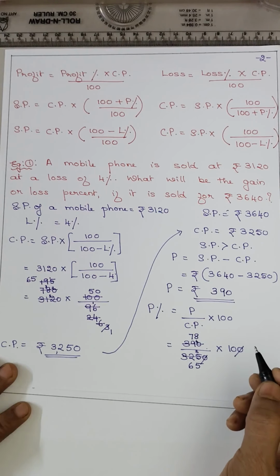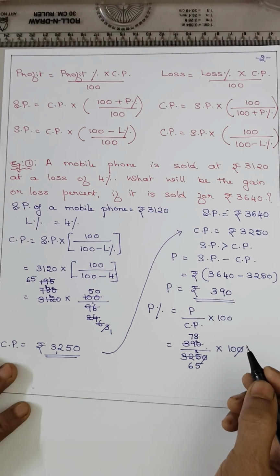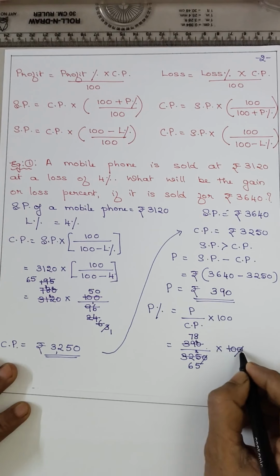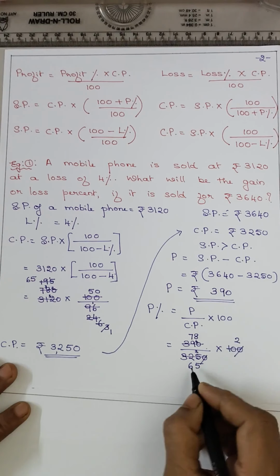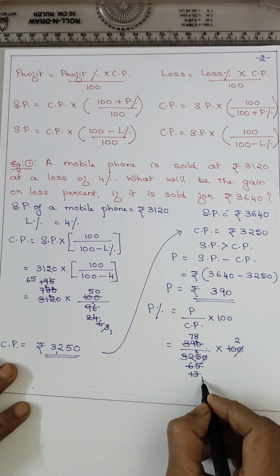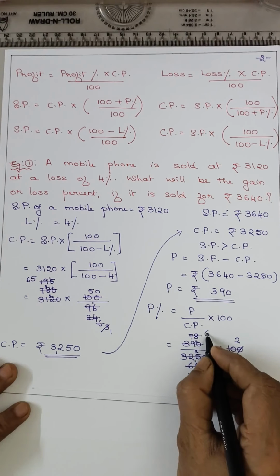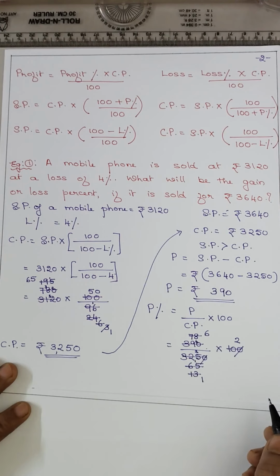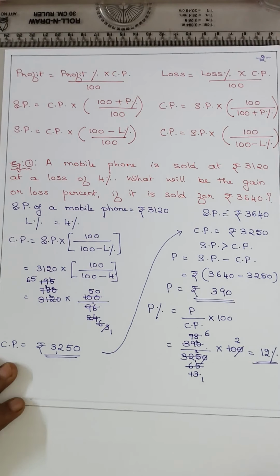Now if you see, it is a 2 5 2s are 5 1s are 5 3s are 15. Now 13 1s are 13, 6 are 78, 6 2s are, it is 12%. So profit percent is 12%.